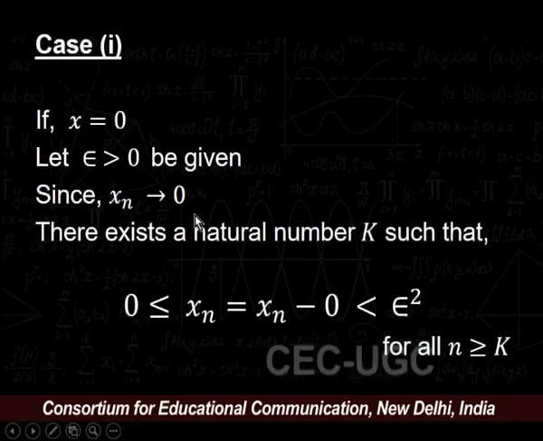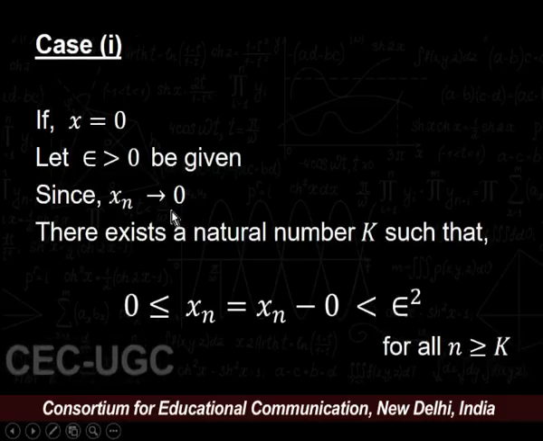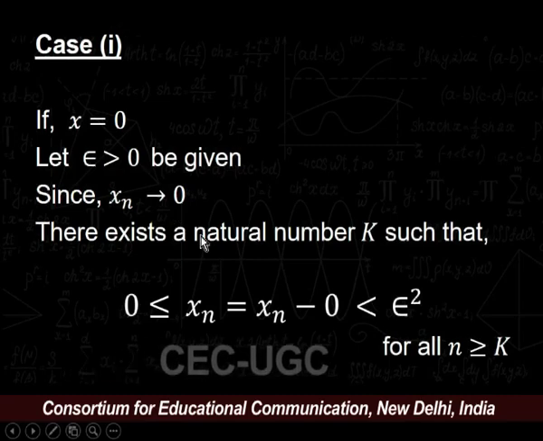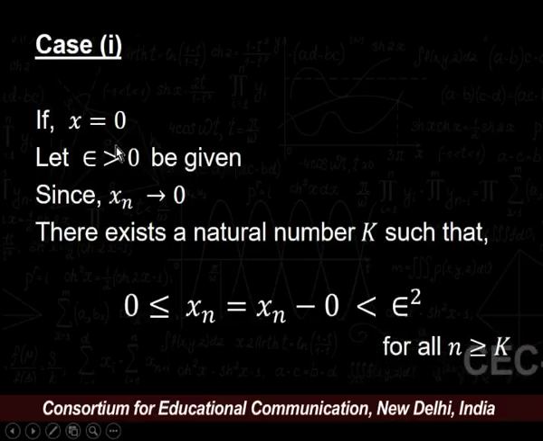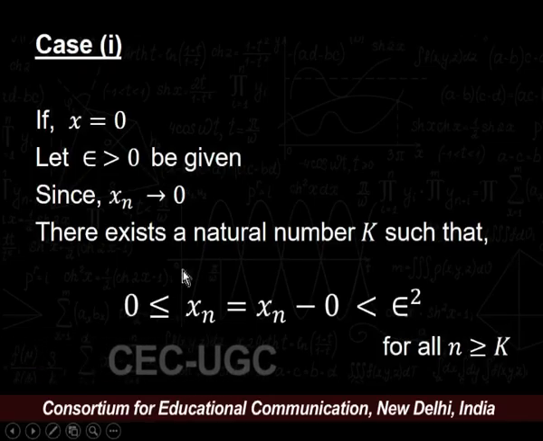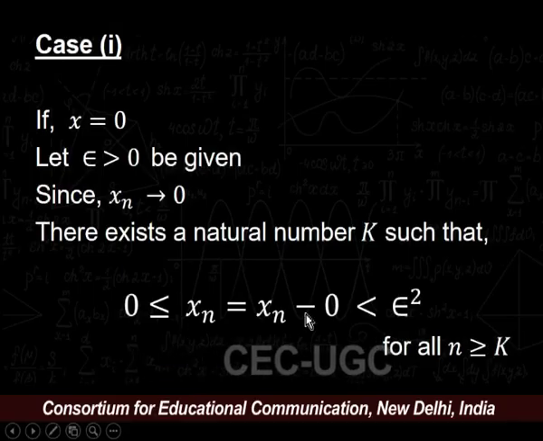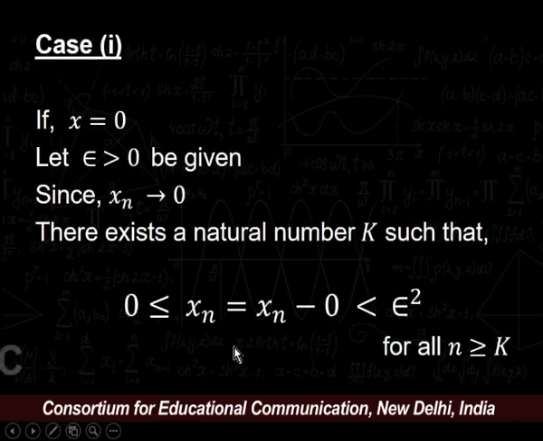Then by the definition of convergence of sequences in real numbers, we can say that for every epsilon greater than 0, there must exist a natural number k depending upon that epsilon such that 0 is less than or equal to xn, and xn can be written as xn minus epsilon, and by the choice of epsilon this is less than epsilon squared for all n greater than or equal to k.